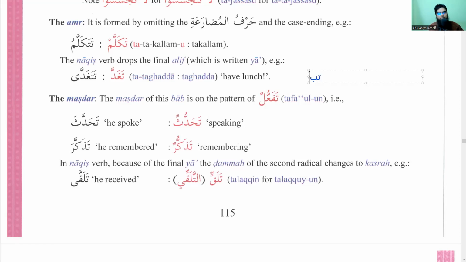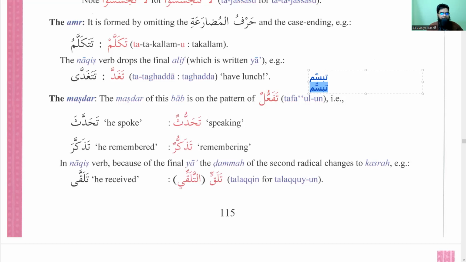I remembered tabassama, to smile. Right? So the masdar is tabassum, because my father's sister's name is Tabassum. Smile. I don't know why they kept smile. Tabassum. Okay, so you can remember form 5 is Tabassum.